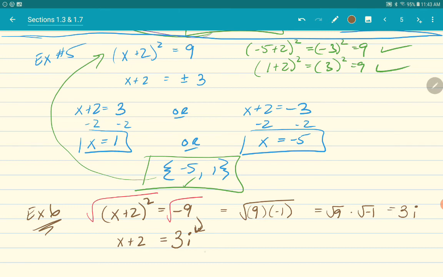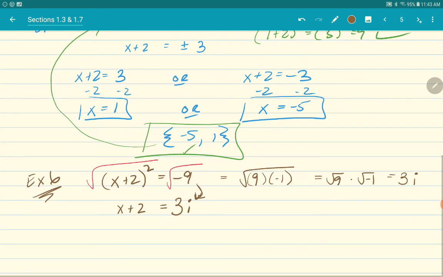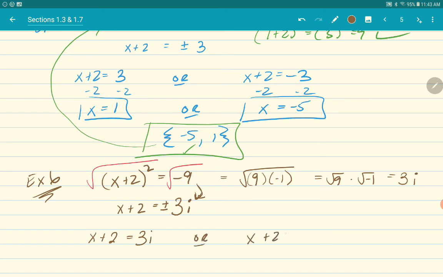All right, so I got 3i, but I have plus and minus, sorry. Always plus and minus when I take the square root. So I got x plus 2 equals positive 3i, or x plus 2 equals negative 3i.